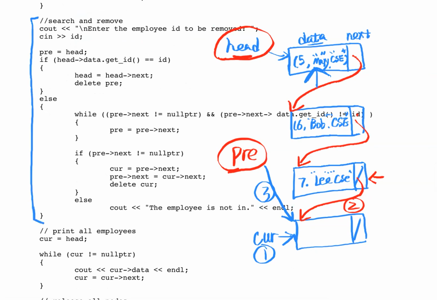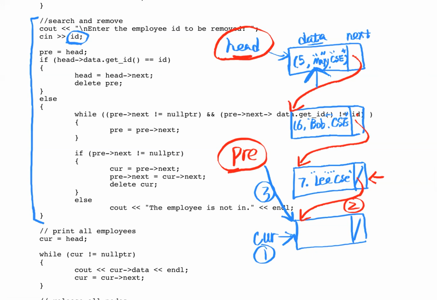So this means we will search a target employee from the linked list, and then we remove this employee from the linked list. So for the search here we prompt the user to enter an employee ID. If the ID matches the user-entered ID, we will remove this employee.